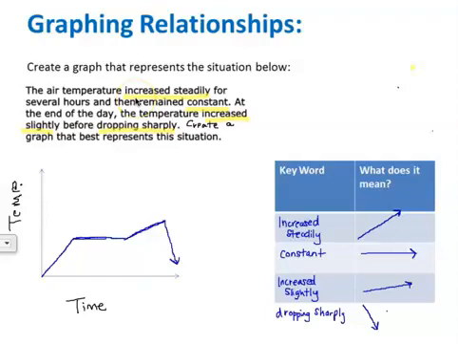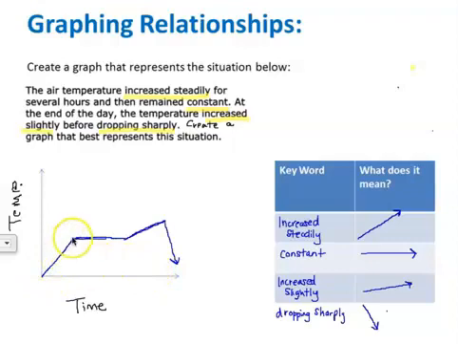And before we move on to the next slide and look at a different type of relationship, I'd like to tell you guys that this graph is what we would call a continuous graph. And it's continuous because we never picked up our pencil, right? We could draw this entire graph without picking up our pencil.